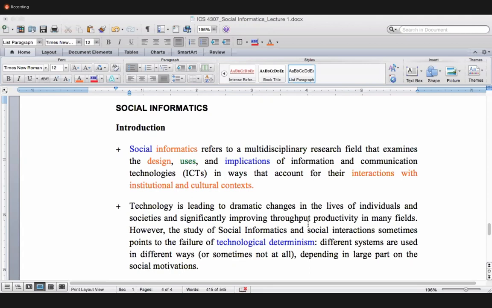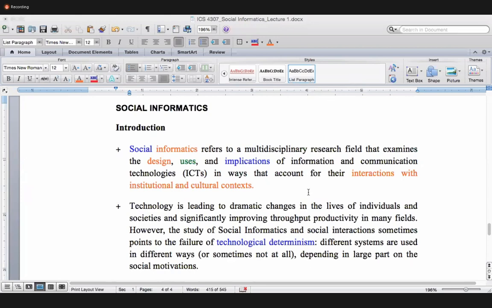Throughput means the ability to generate outcomes, outputs. So technology has helped to improve lives, and helps to do things in an extraordinary manner. That is the positive aspect of technology.